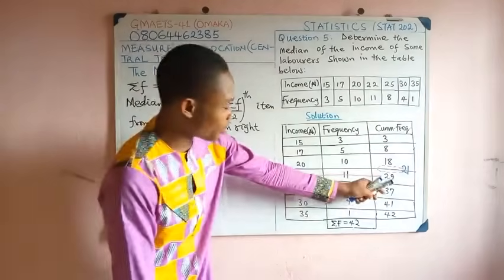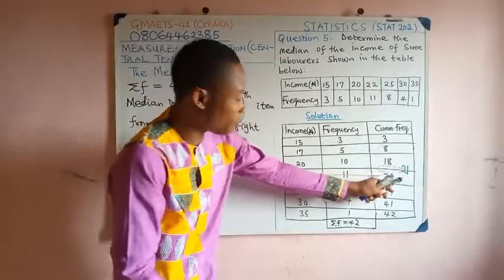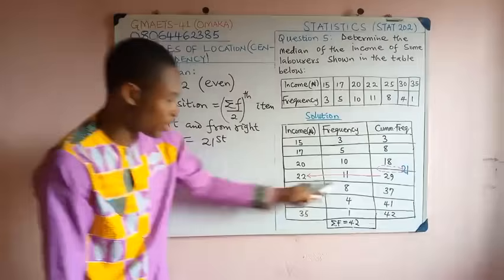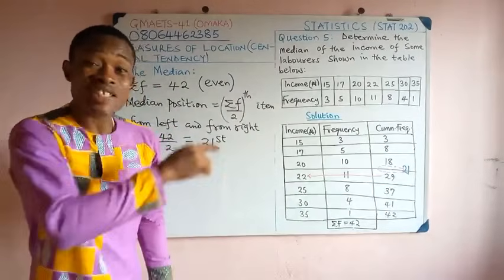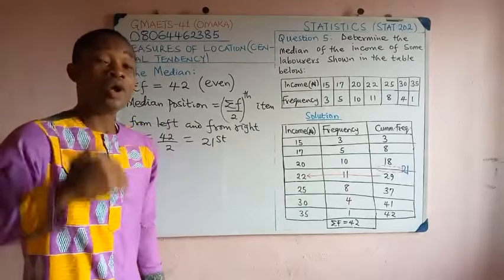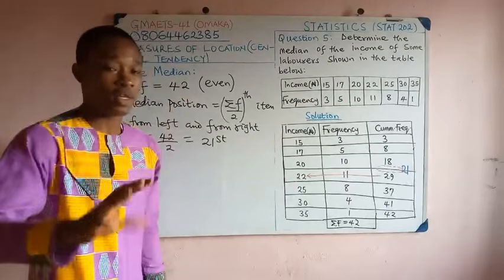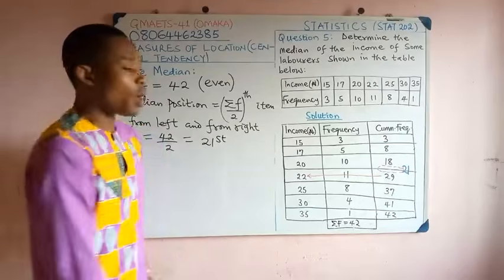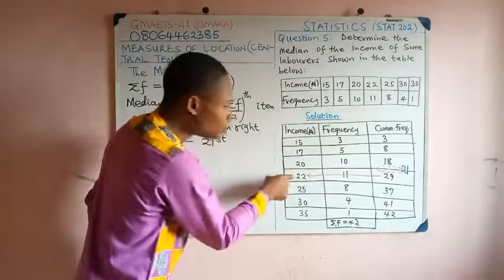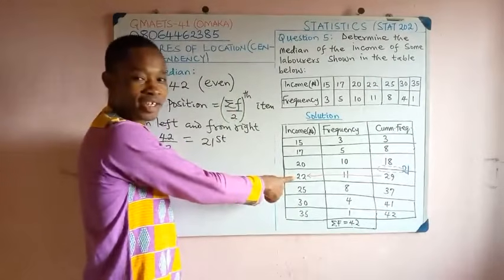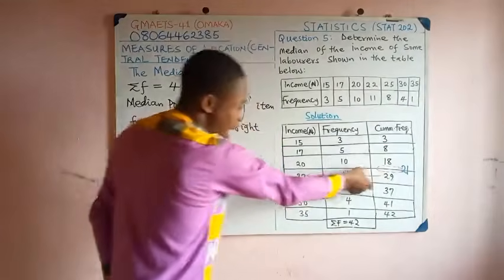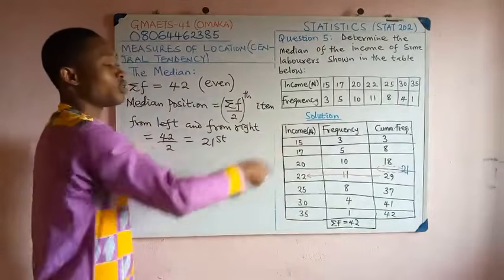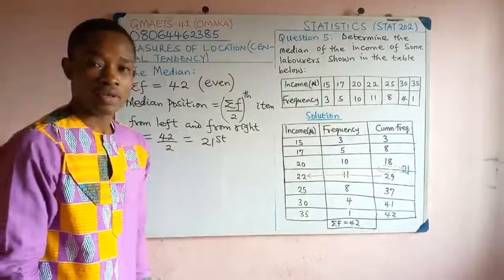We don't say, okay, since you have selected 29 to be the next higher cumulative, pick the income of 29, pick the income of 37, and then add. You don't do that. Since 21 is not exactly there, and you have picked the next higher cumulative frequency, because that's the principle, what you're now going to do is to double that income and divide it by 2, which means you are saying that 21 appeared twice in the 29th cumulative frequency.